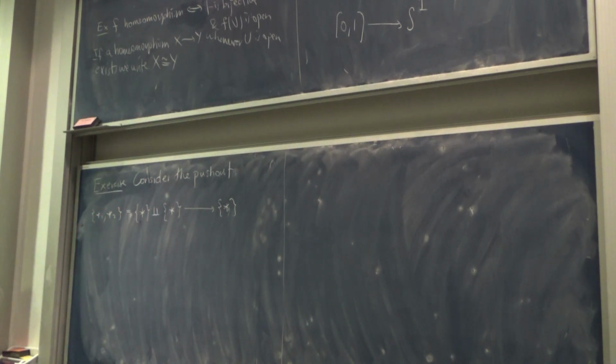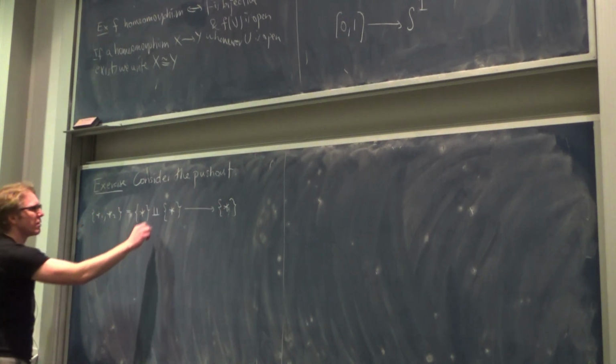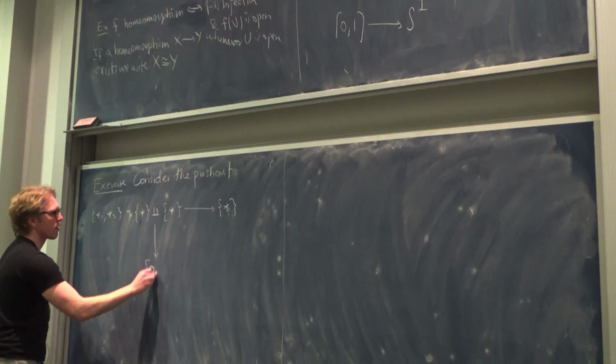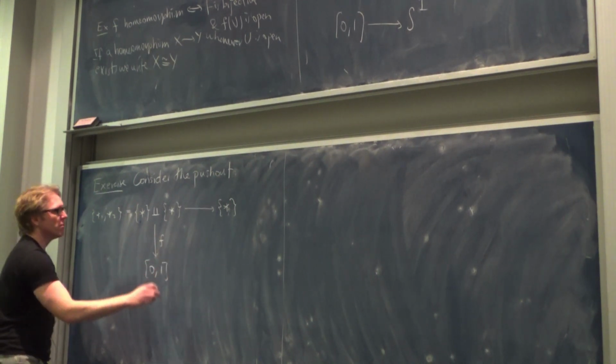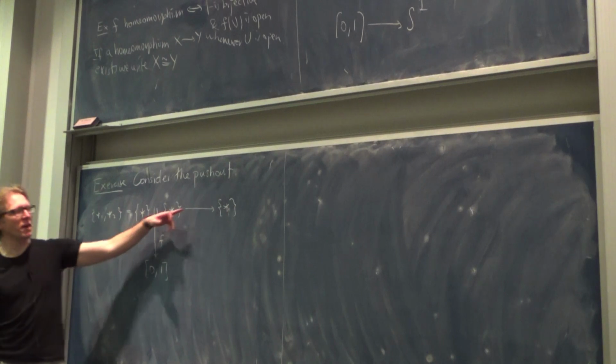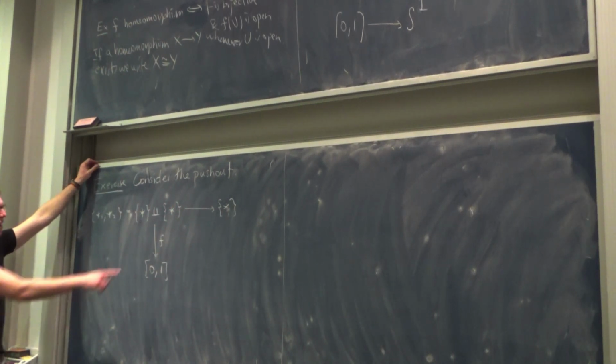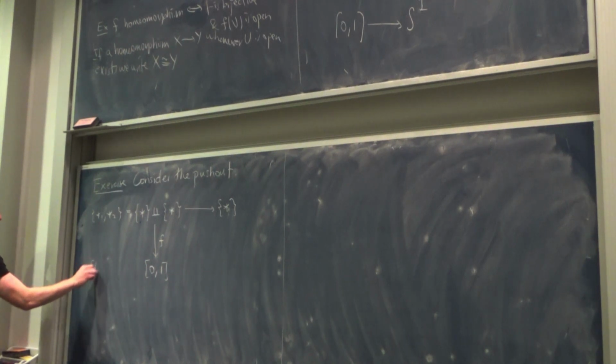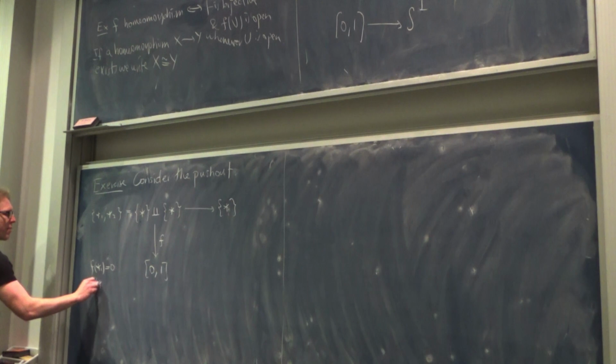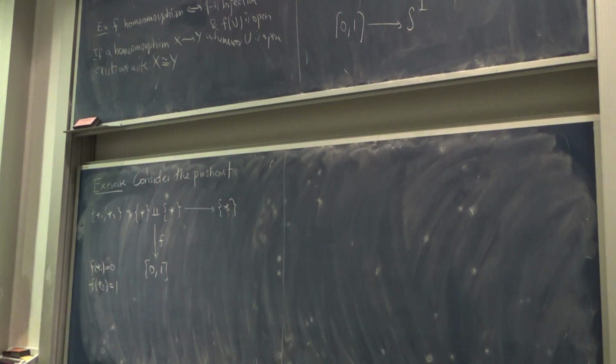So let's call them star 1 and star 2. Well, there's only one function in the numerator, so let me not give it a name. And f is just the map that sends one of the copies of star to 0 and the other copy of star to 1.